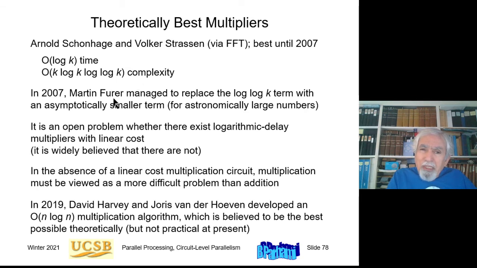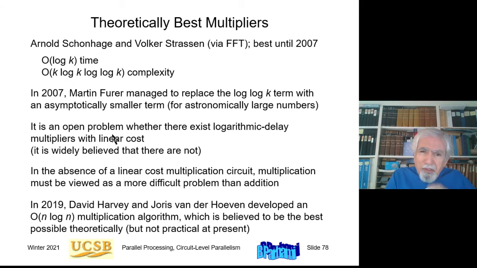Now, some progress was made just recently, in 2019. People suspected that this extra term log k can probably be removed, that we can design a multiplication algorithm with order k log k circuit complexity.